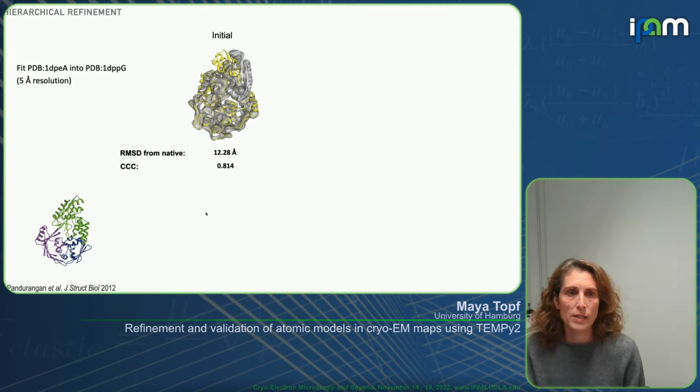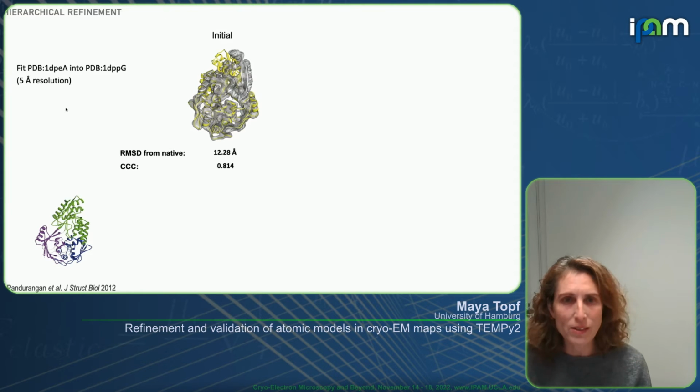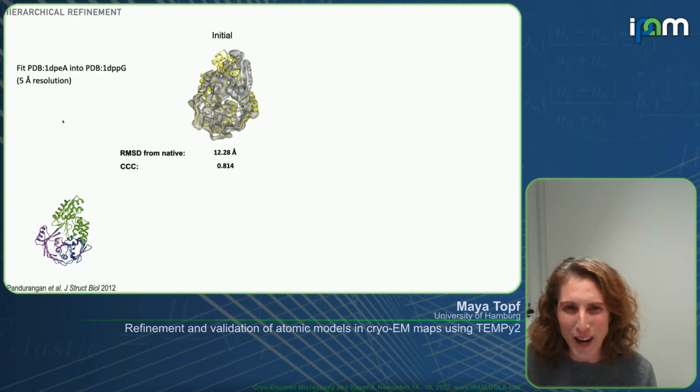Okay, so now using this concept, even at 5 angstrom resolution, which was back then something that the reviewer even said to us, why are you even doing that? We also tried lower resolutions, of course, but this was the highest resolution that we tried.